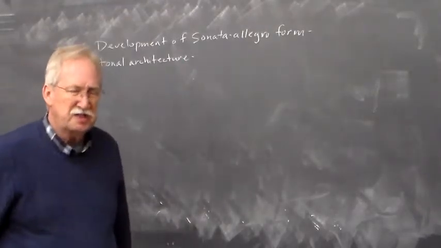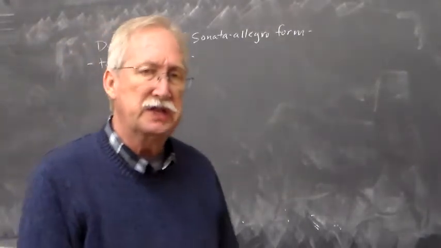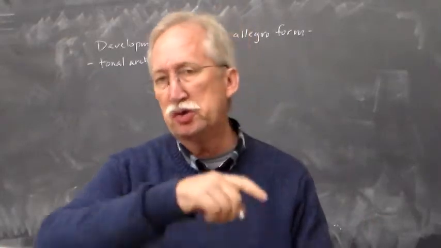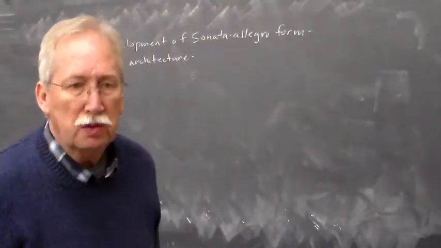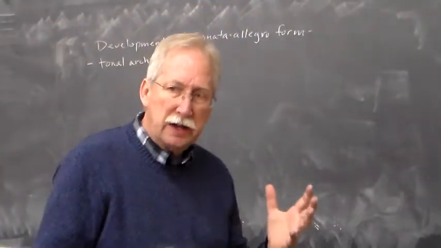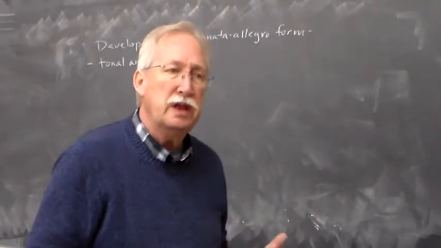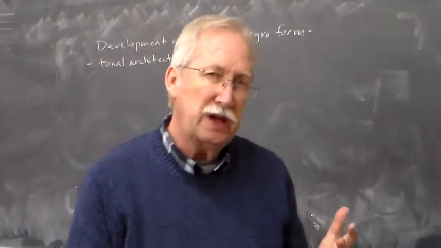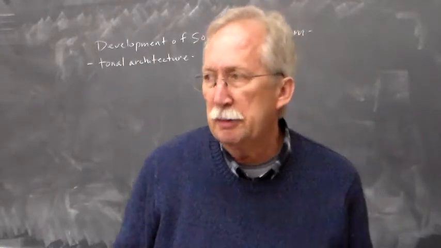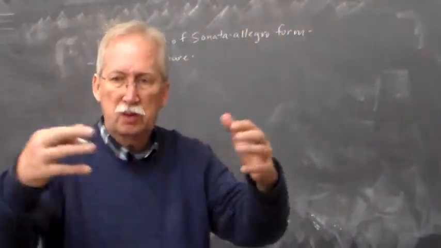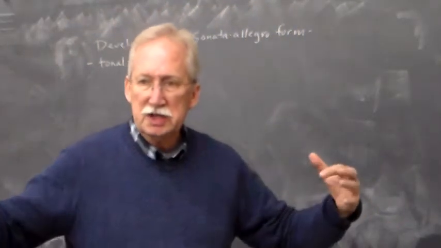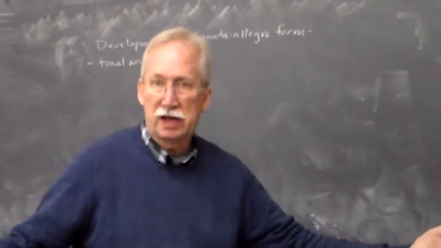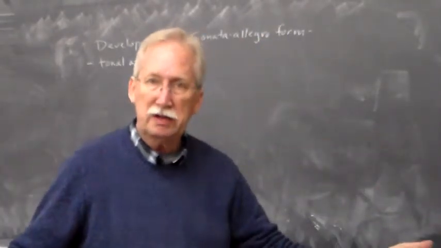Tonal architecture is just the basic idea of organizing the work according to a tonal plan. And so the harmonic style that develops is one that allows for the idea of modulation. And then big works are based on just tonic, dominant, tonic kind of overall key relationship.